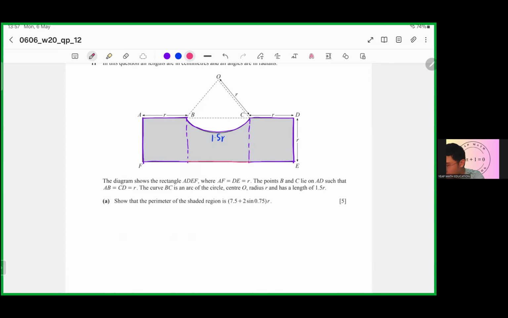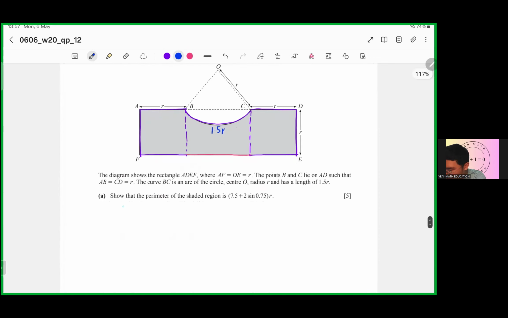So we need to find this length. We can write S equals 1.5R, so R theta equals 1.5R, so theta equals 1.5 radians.